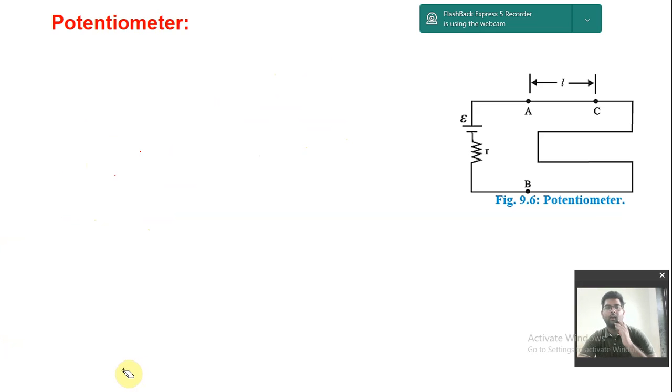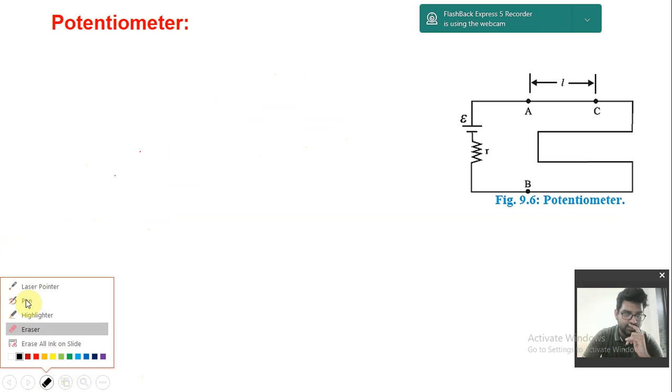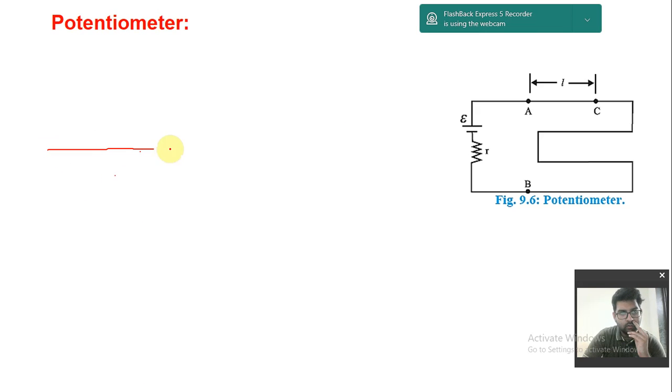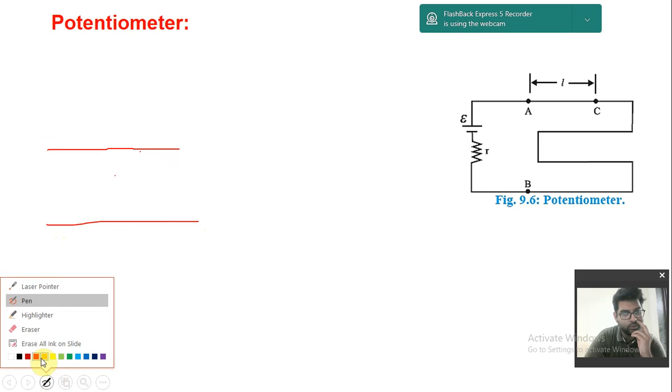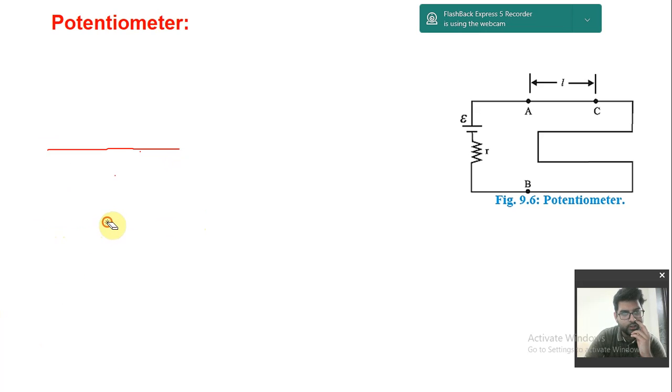Now there are two kinds of wires. So let me take two lines of different colors. This is my conducting wire, and this is my resistance wire.